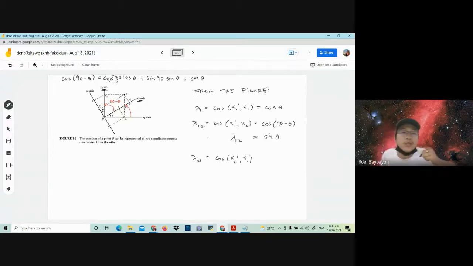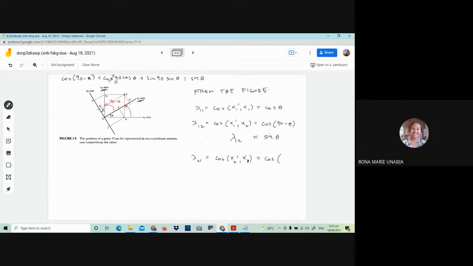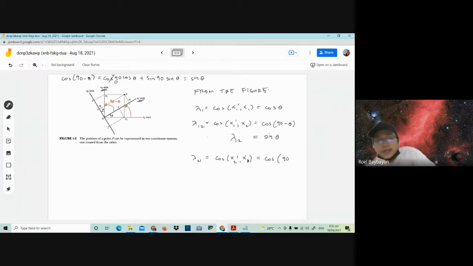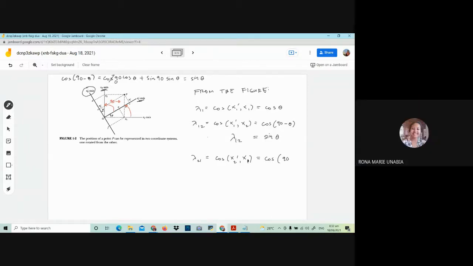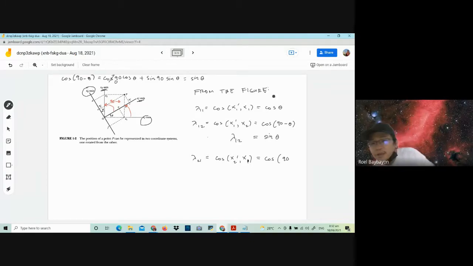The angle between x2 prime and x1, how much is it? We have cosine of 90 plus theta.